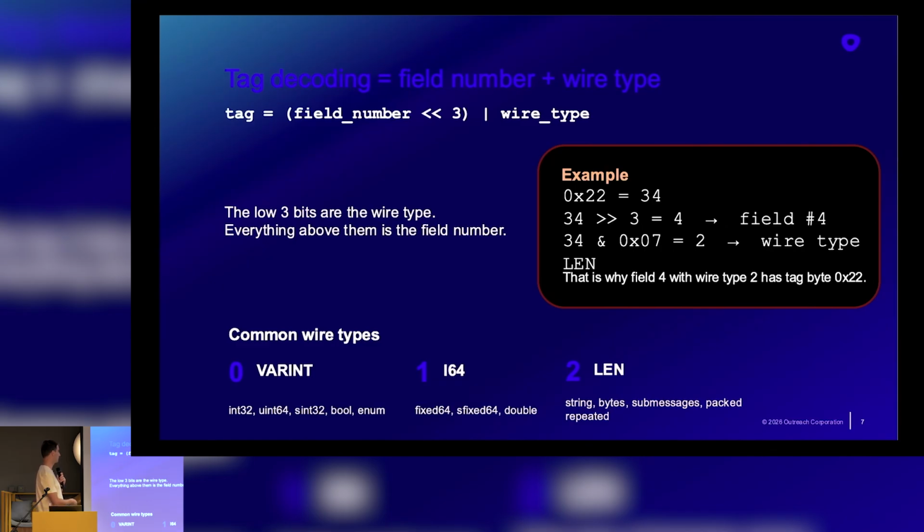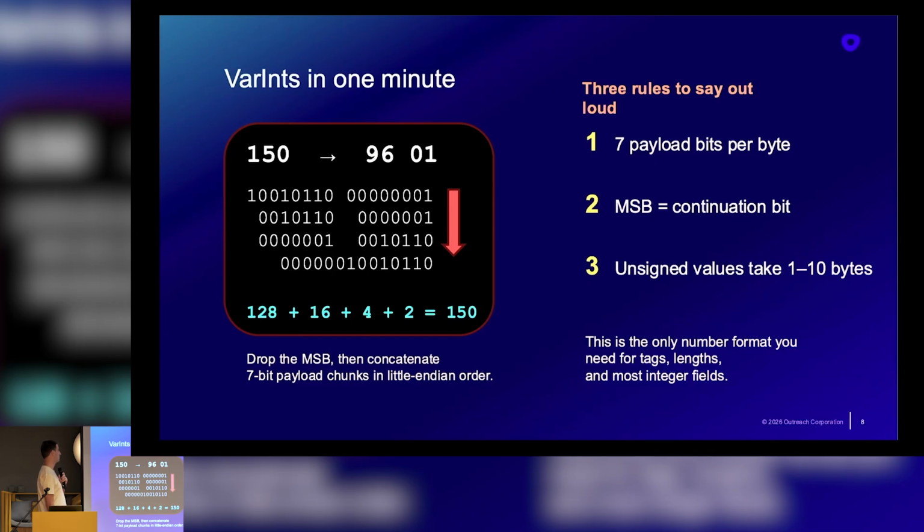So if it's a VarInt, how will we decode that? It's again quite simple, similar to how UTF-8, for example, does it. VarInt is a way to encode unsigned 64-bit numbers into 1 to 10 bytes. And in every byte, the first bit, or the most significant bit, is a continuation bit flag.